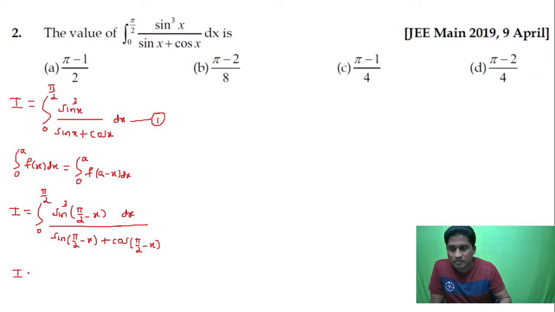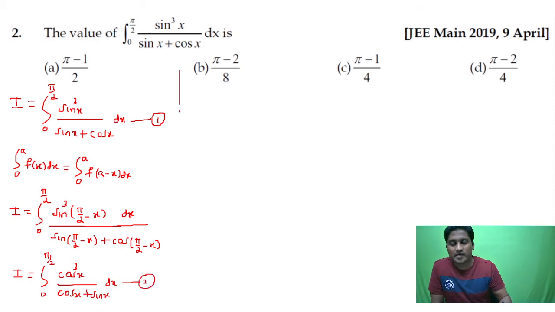I is equal to the integral from 0 to pi by 2. Sine of (pi by 2 minus x) is cos x, so this is cos cube x upon (cos x plus sin x) dx. Call this equation 2.